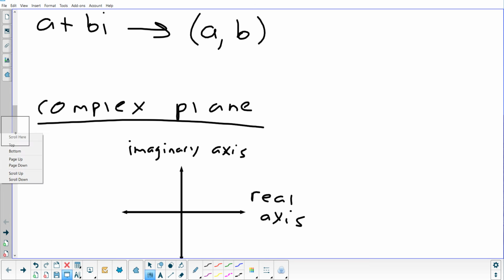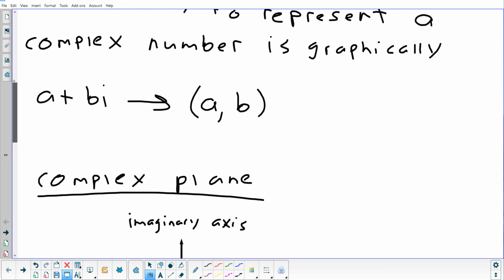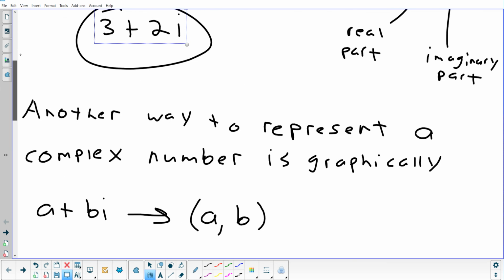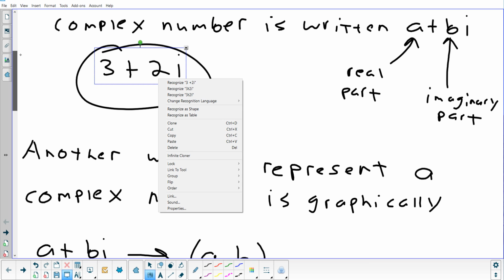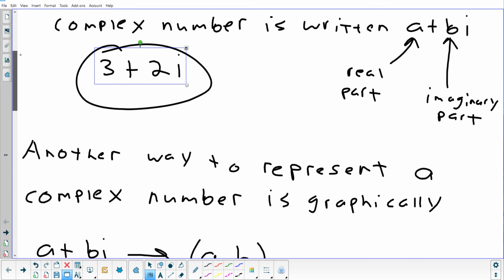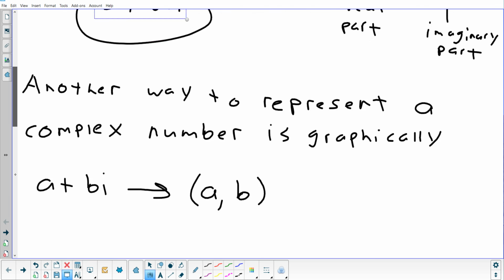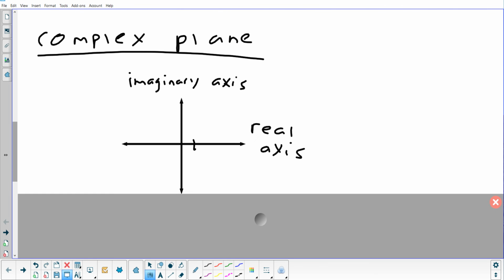So to graph a complex number, let's say you wanted to graph 3 plus 2i. The real part is 3. The imaginary part is 2. So what that would mean is go 3 units on the real, and then go 2 units on the imaginary. So just like this. 3 units in the positive, 2 units up.